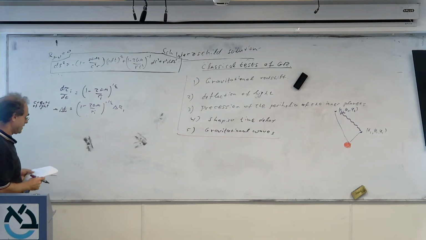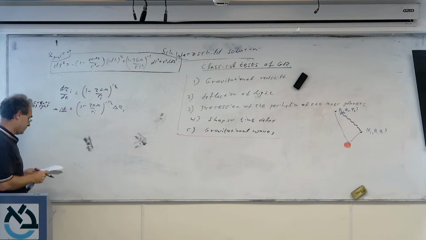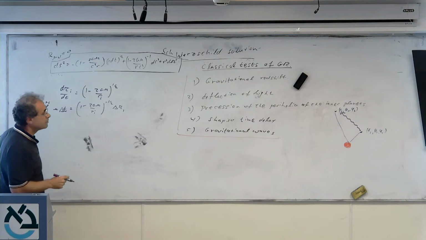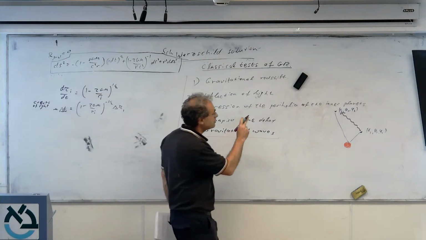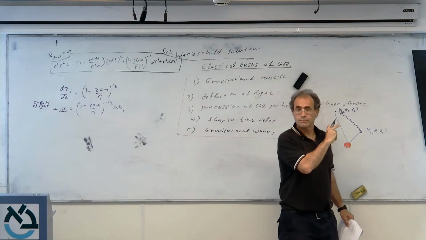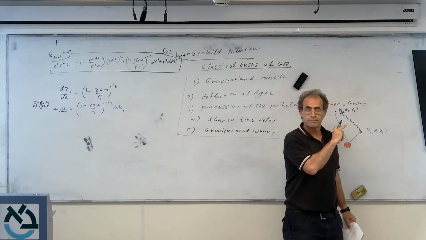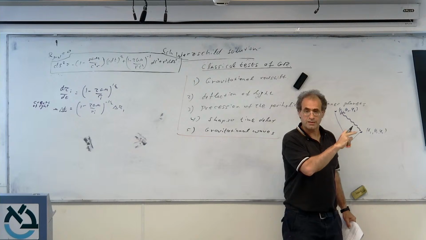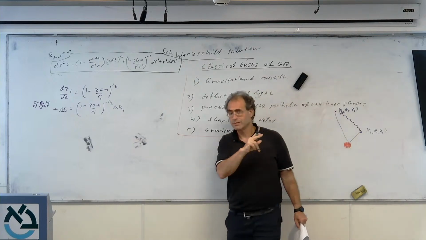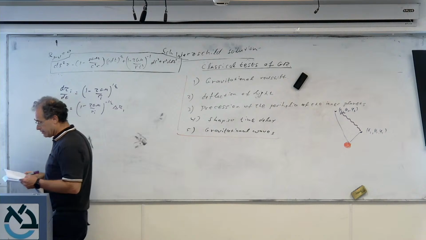Now what happens to delta t between the two observers? Nothing, because they are static. When they measure the same, they use the same time coordinate.